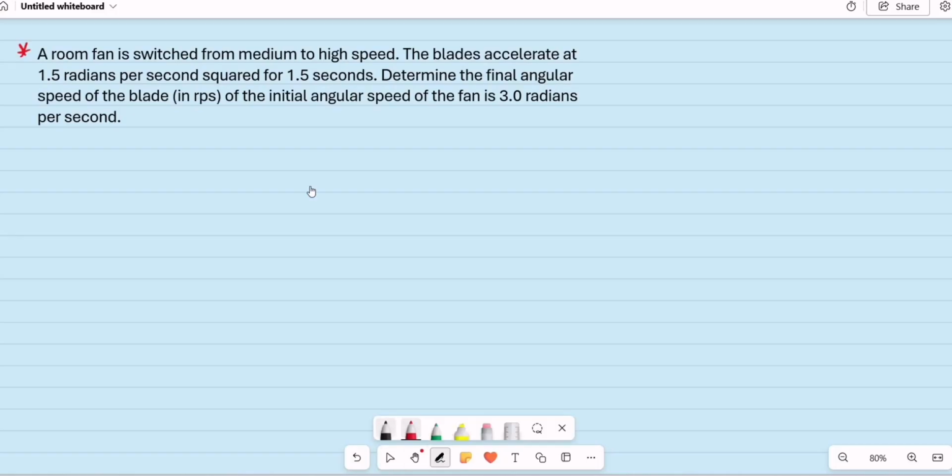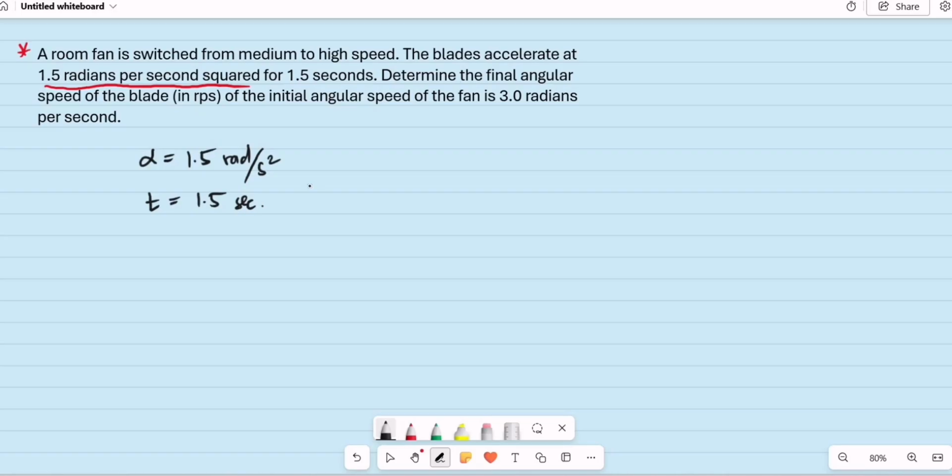Let us write first the given. The angular acceleration is 1.5 radians per second squared. The time is also given, that is 1.5 seconds.